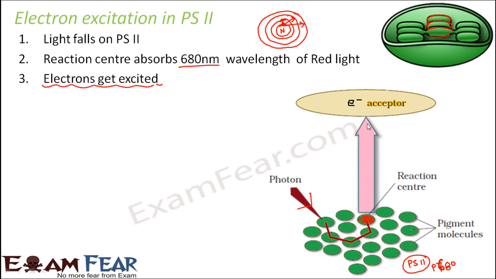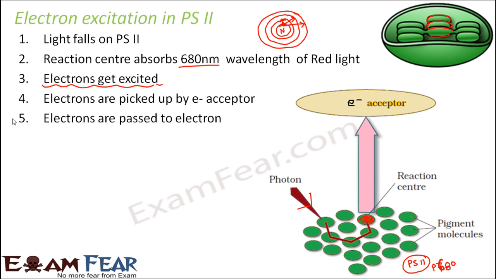This arrow shows that the electrons get excited to a higher energy level, and who is taking in that electron? That electron is taken in by a primary electron acceptor. There is some molecule there which will accept that electron. So electrons are picked up by the primary electron acceptor, and then the electrons are passed to the electron transport system.